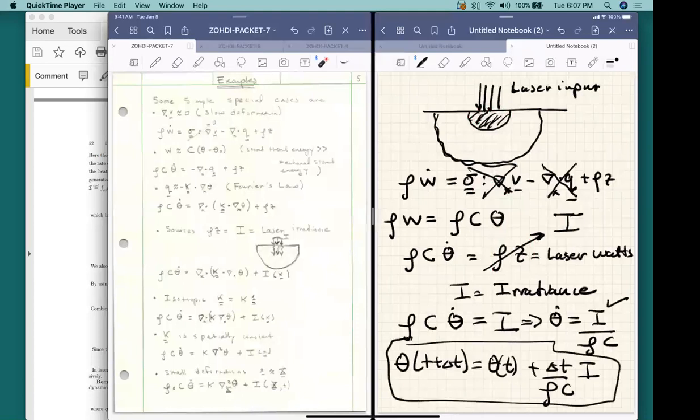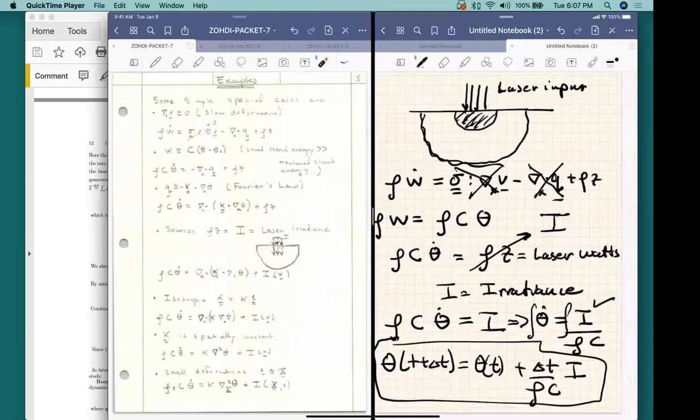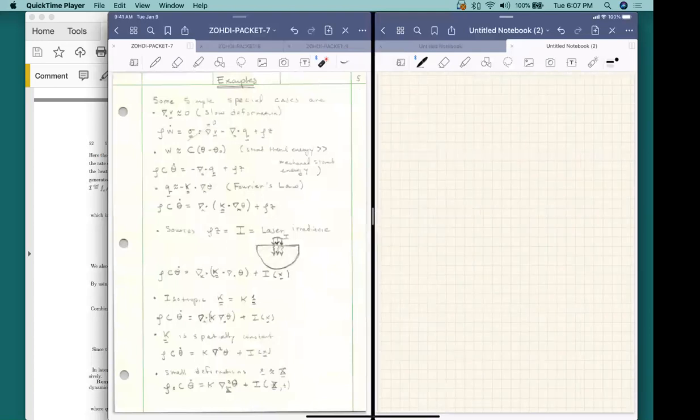So what this tells me is that if I integrate this simple differential equation, so I integrate both sides, right? Just to make things clear, let's write it out again here. This is d theta dt is equal to I divided by rho C. Okay.